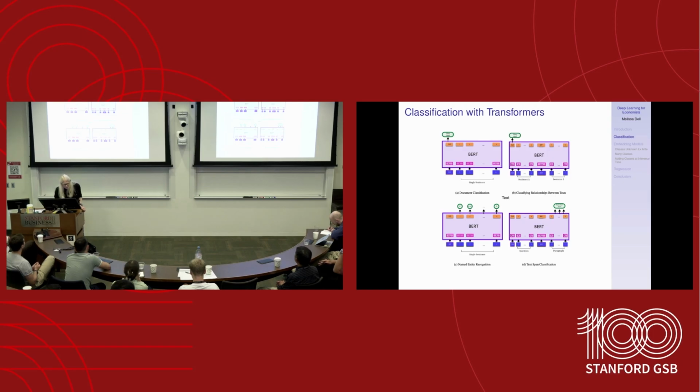All right. And so the third type of problem you might want to do is make predictions about individual terms in your text. One classic example of this is called named entity recognition. Let's say we want to recognize every person that is mentioned in the text.